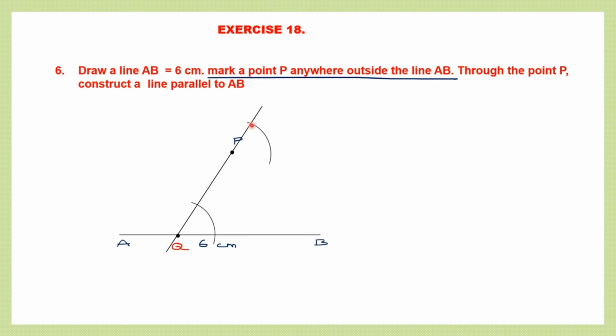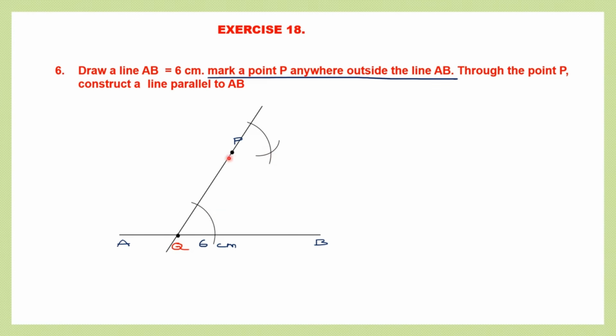Place it at this point, not at P, at this point where the arc has cut this line, and I'm going to draw an arc cutting this arc. So here we have this arc cutting this. So now the distance between this and the distance between this will be the same. So now you can see the two arcs have intersected at a point.